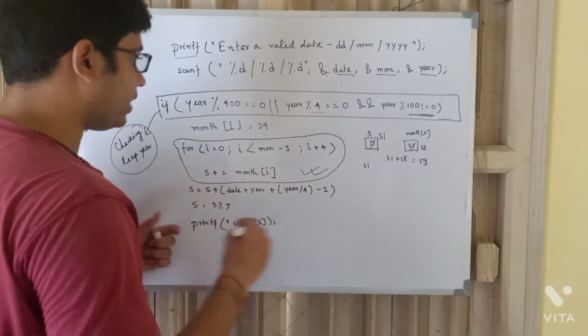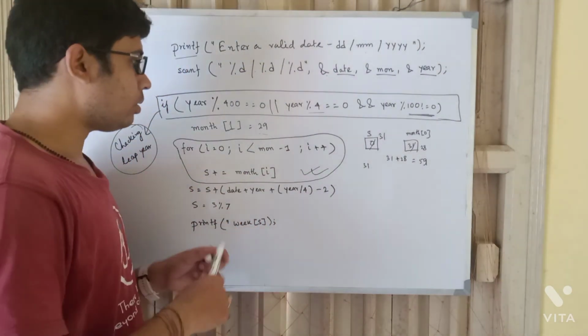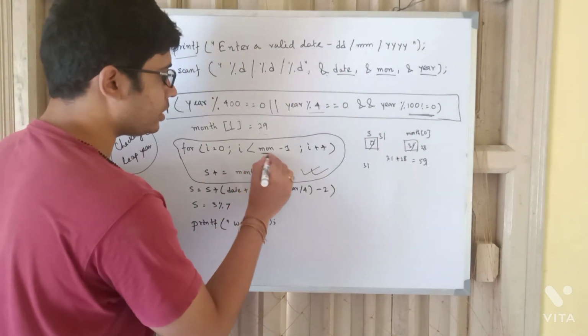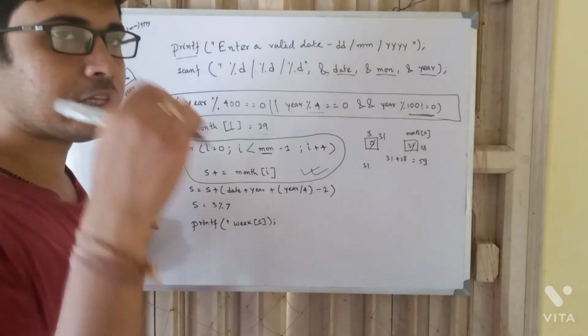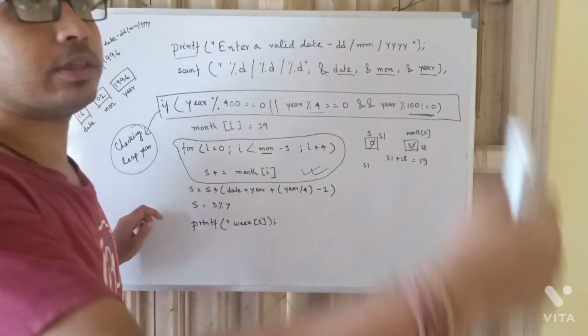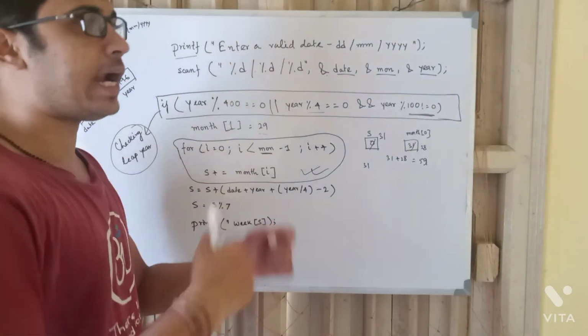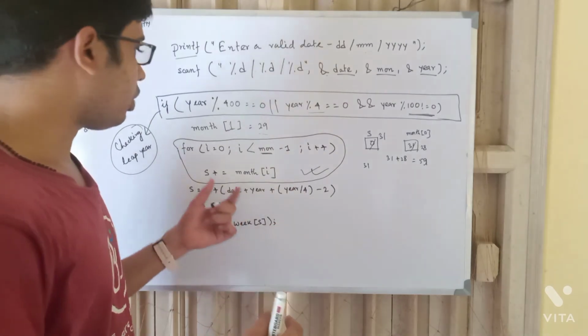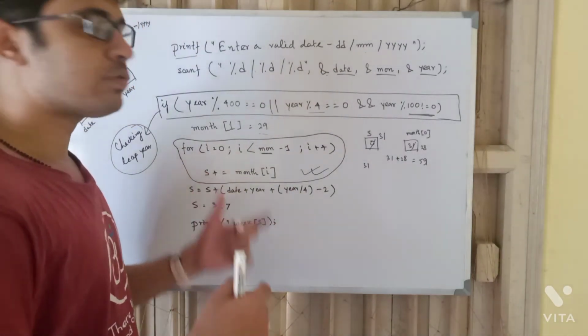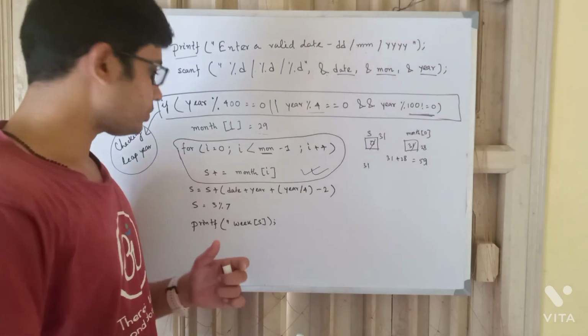Like this we have to add, and how many times? Month minus 1 times. Which month we are giving as input, we have to go up to that month. That many times we have to add the last number of the month. That is the logic here.